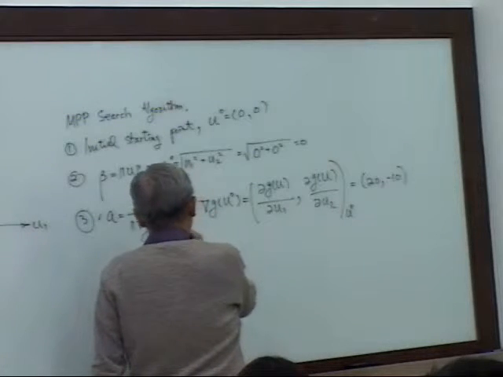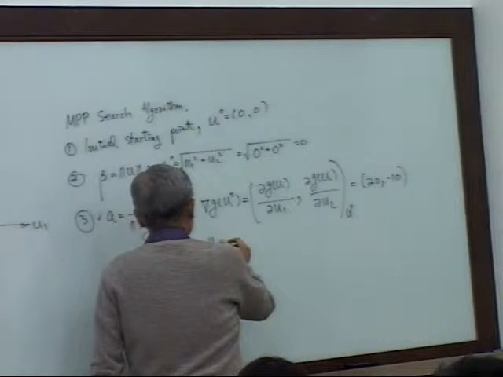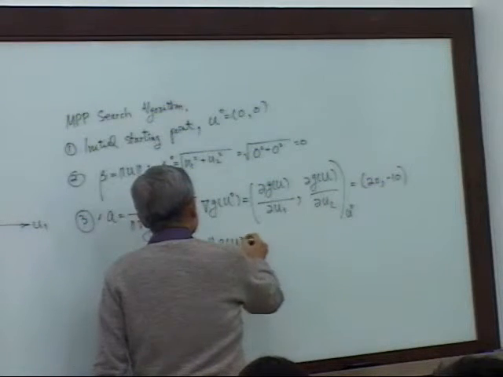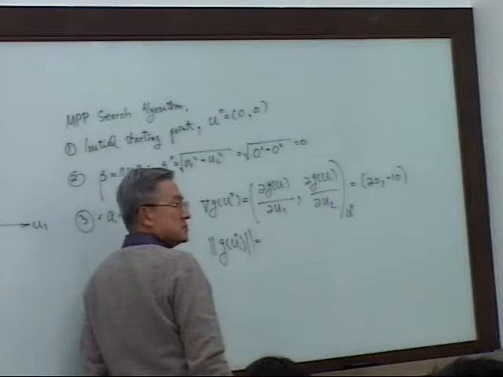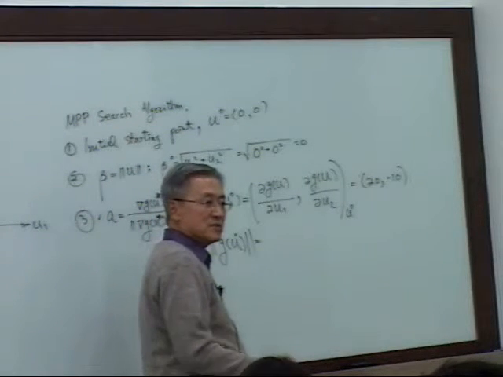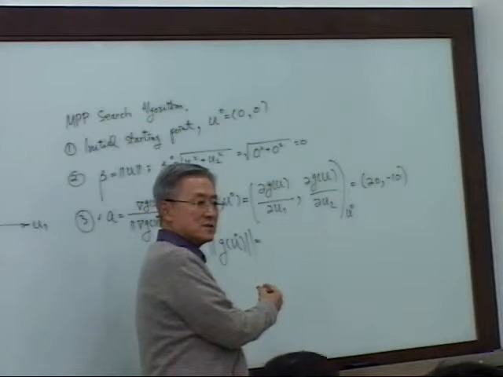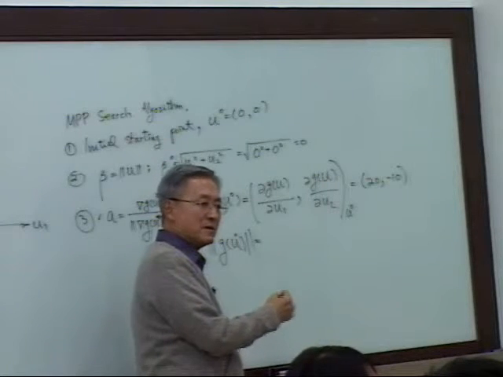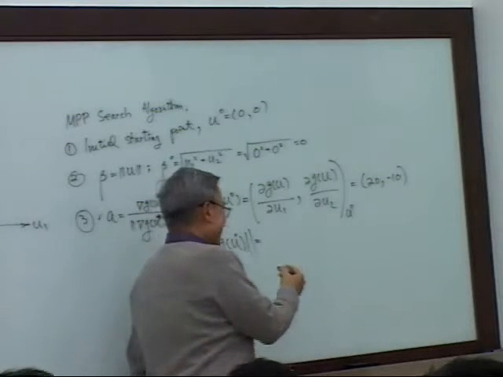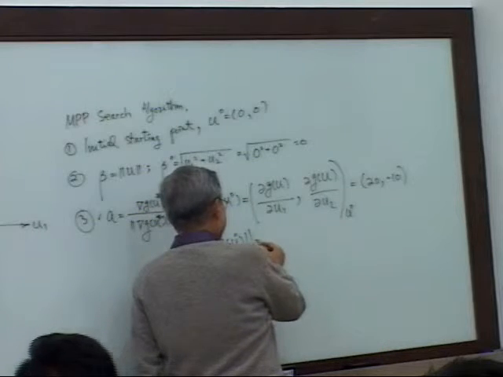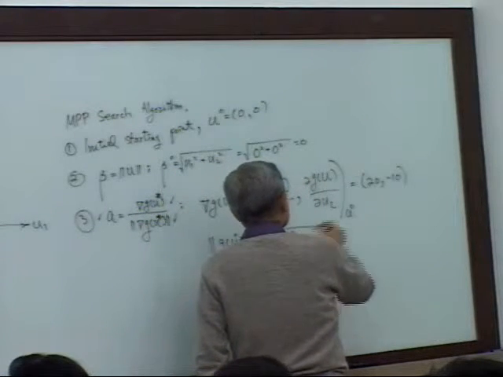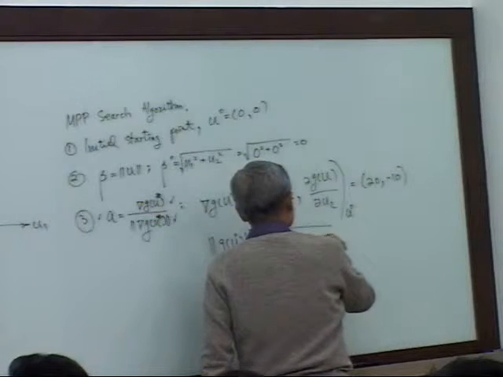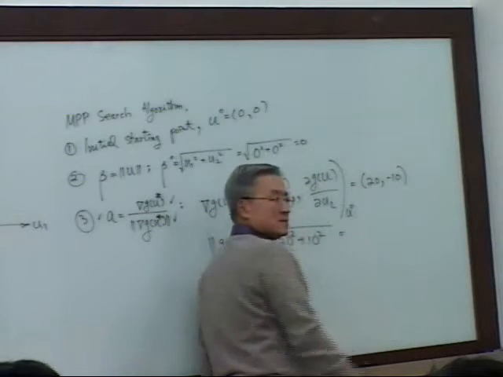Next you have to find the norm of the gradient. What's this? Look at me, not there. Norm is 20 squared plus 10 squared, right?